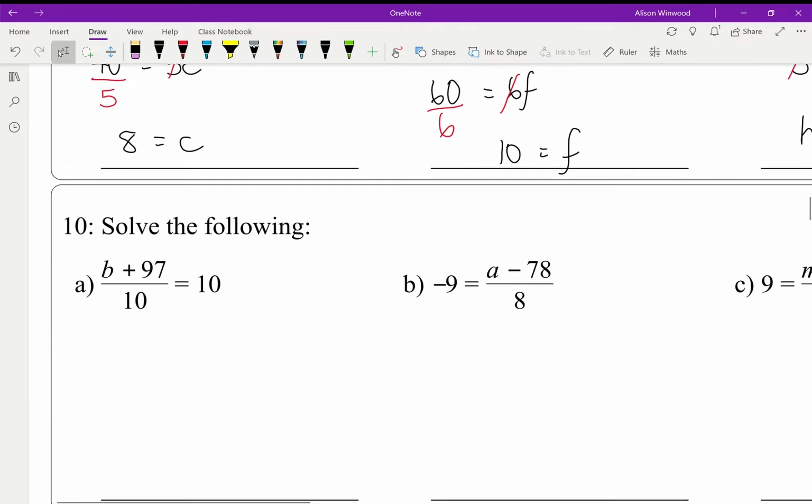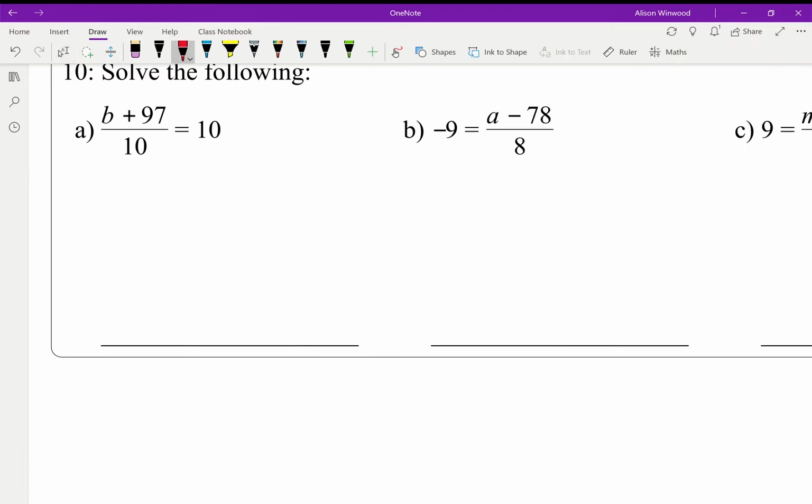With fractions questions, opposite of divide is multiply. Opposite of add is subtract. Start with multiply. Negative 9 multiplied by 8 is negative 72.